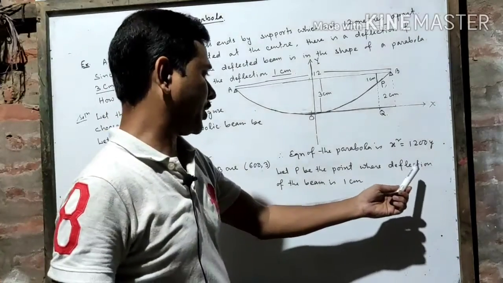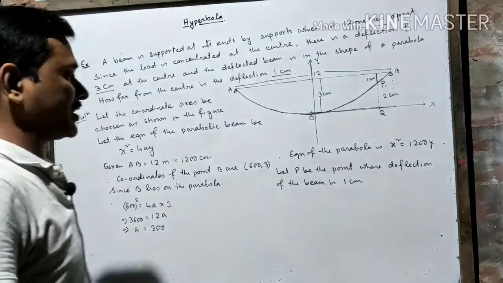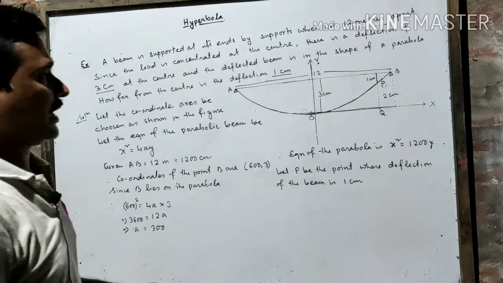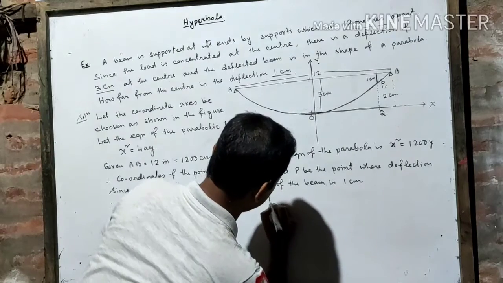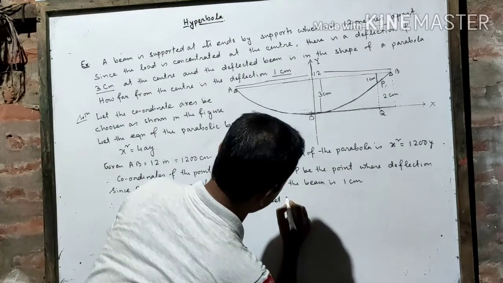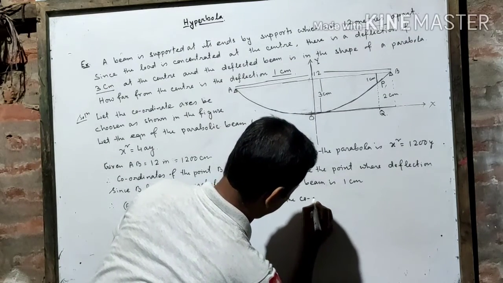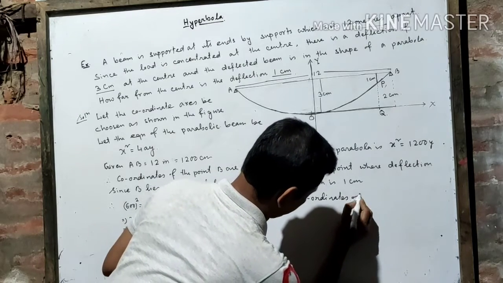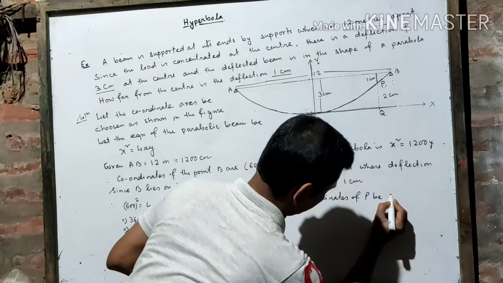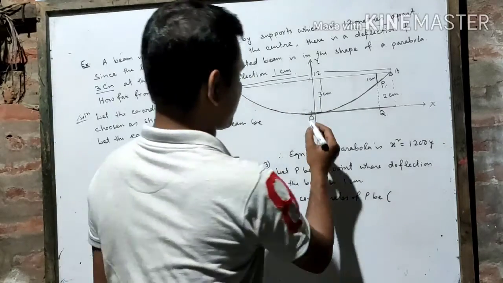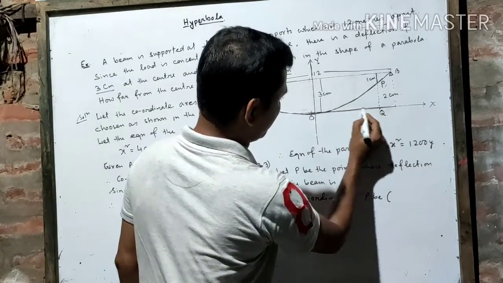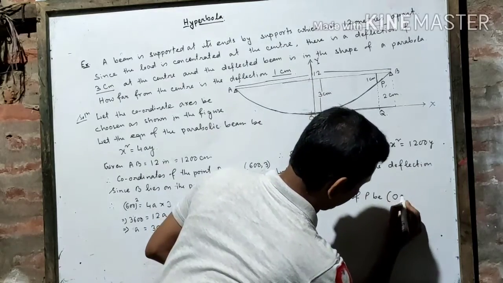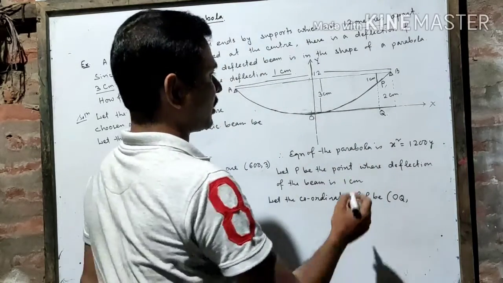So let P be the point where the deflection of the beam is 1 centimeter. Let the coordinates of P be. So what is its x coordinate? X coordinate of P is OQ. And what is the y coordinate?